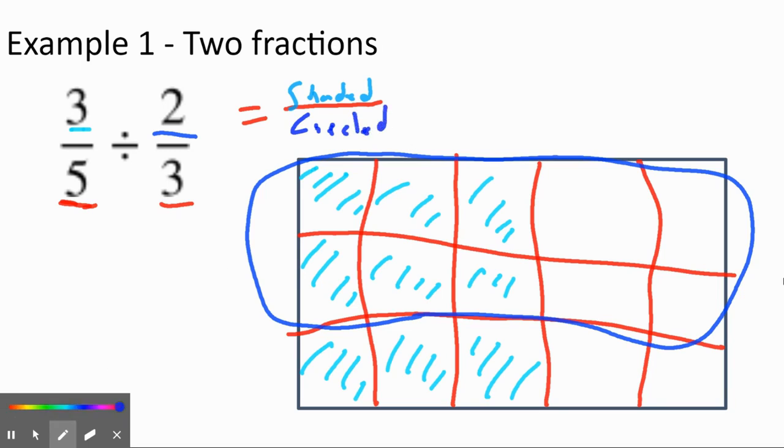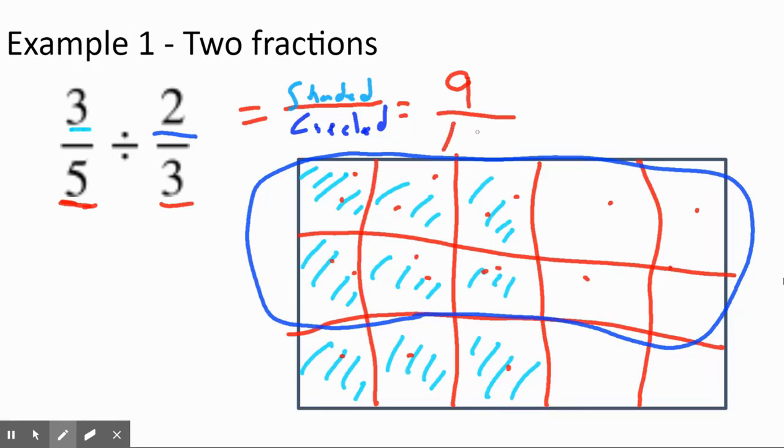If we count these up, we have 1, 2, 3, 4, 5, 6, 7, 8, 9. So we have a 9 for our numerator. And for what we have circled, we have 1, 2, 3, 4, 5, 6, 7, 8, 9, 10. So we have a 10 for our denominator. If we could simplify, we would. We can't though, so we get a lovely fraction of 9/10.